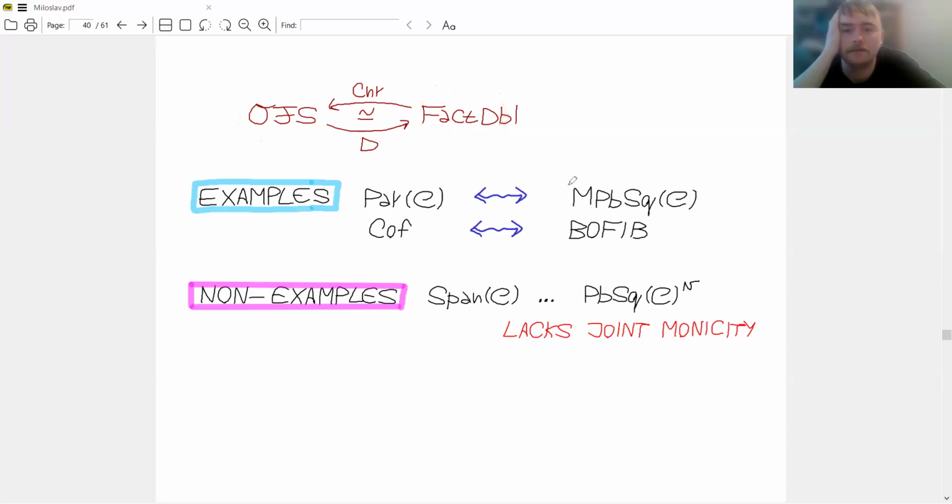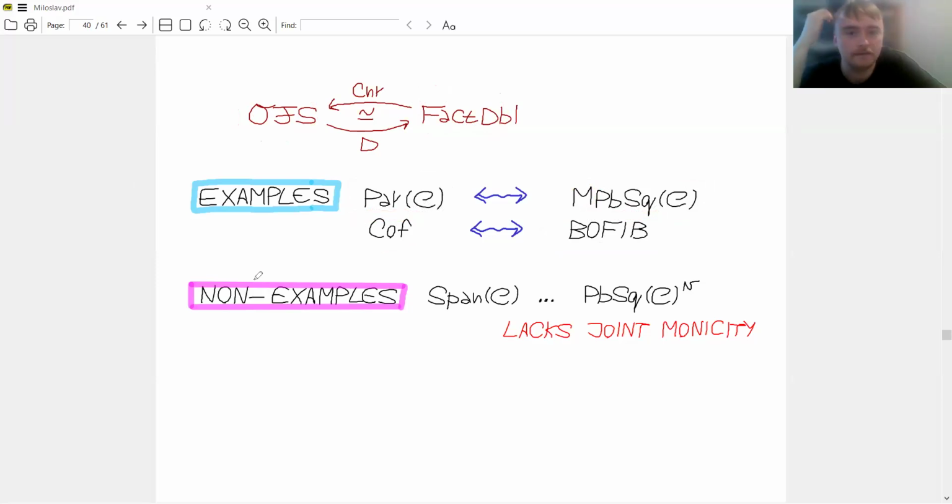If on one side you take the mono pullback squares, where the vertical morphisms are monos, this corresponds to an orthogonal factorization system on partial maps. Or you have the double category of bijections on objects and discrete fibrations, and this corresponds to cofunctors, and they also have an orthogonal factorization system.